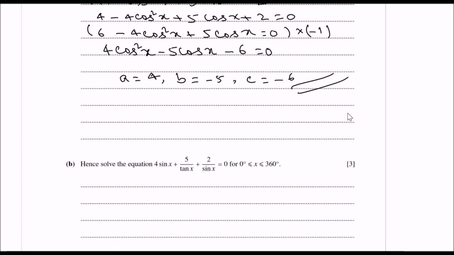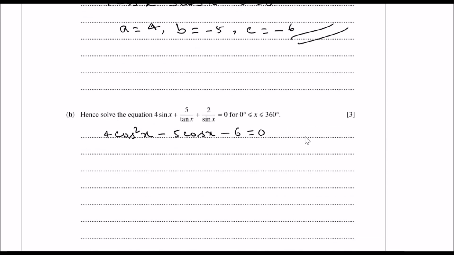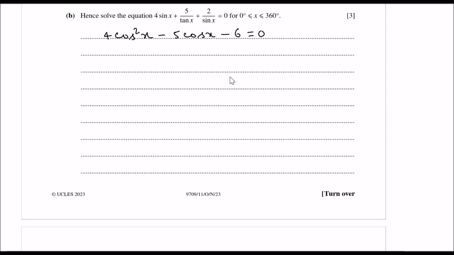So this quadratic we will be writing there. So let's write. We have 4 cos square x minus 5 cos x minus 6 equal to 0. Okay. Now what we can do, we can factorize this or you can use quadratic formula. Okay. So I prefer to factorize.